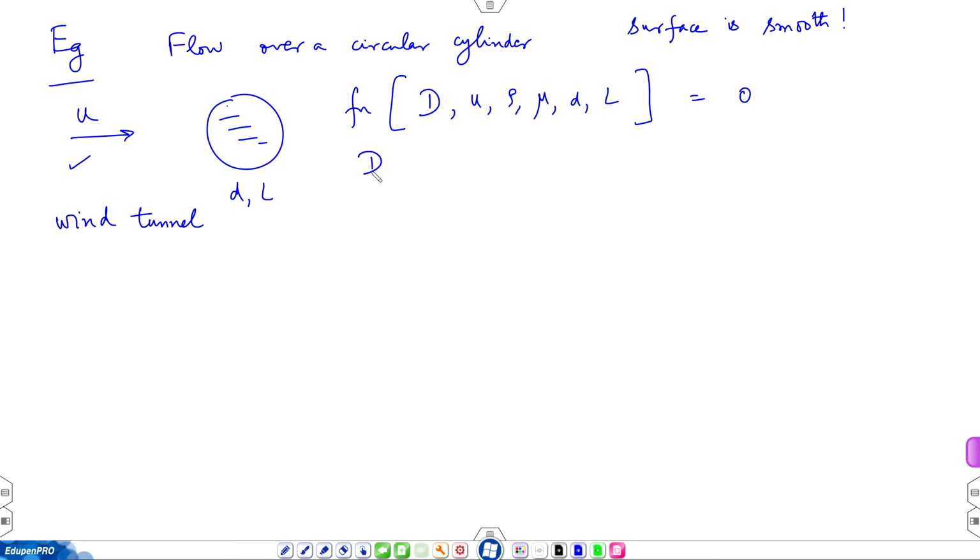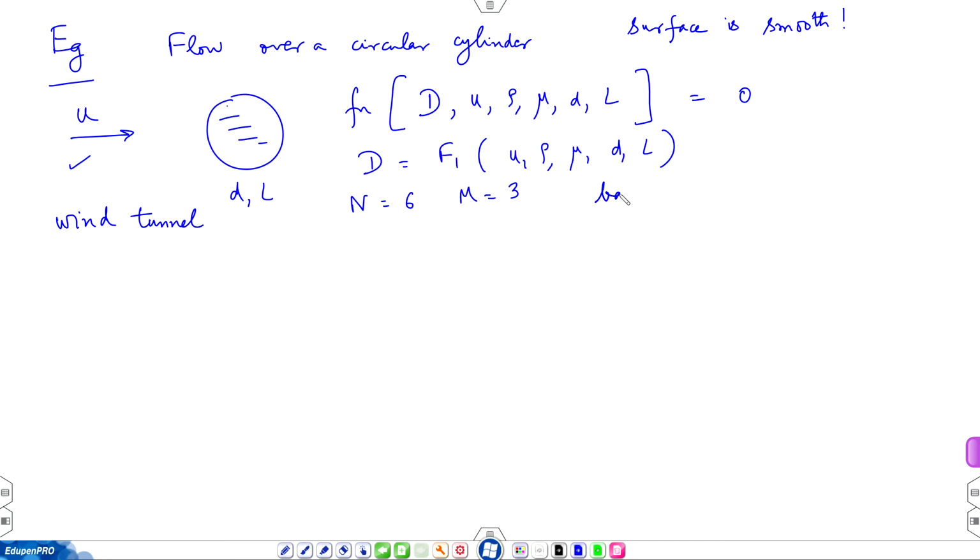So, you can re-express D as f1 of u, rho, mu over L, and n is equal to 1, 2, 3, 4, 5, 6, m is equal to 3.